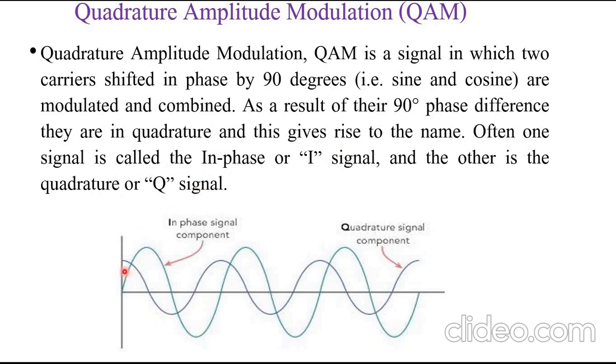So this is our I signal, and this is our quadrature Q signal. I signal means in phase and Q signal is quadrature.